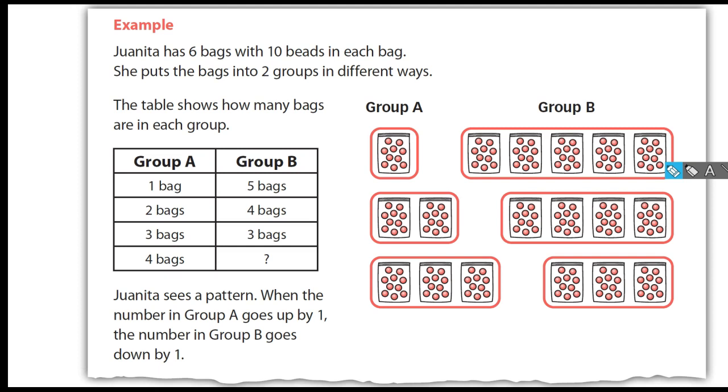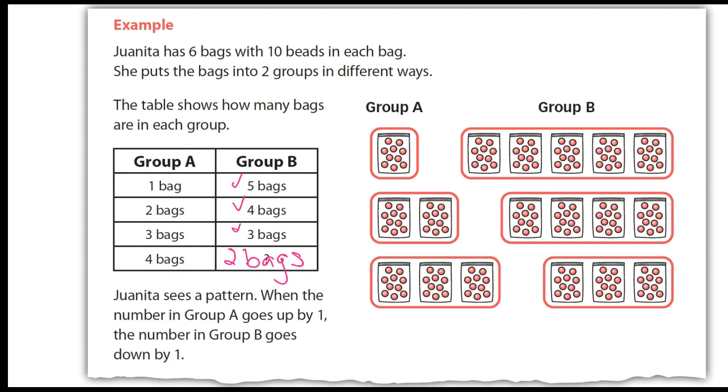Group B, she started with 5 bags, then down to 4 bags, and then down to 3. What would be the next set of bags? Look at the pattern. 5, 4, 3, 2 bags.